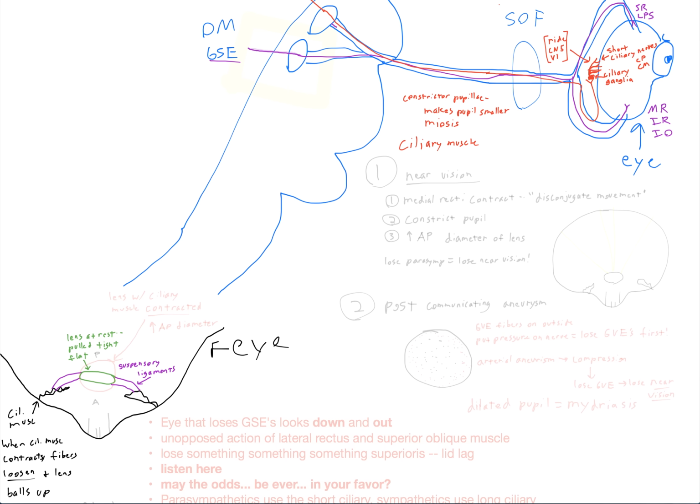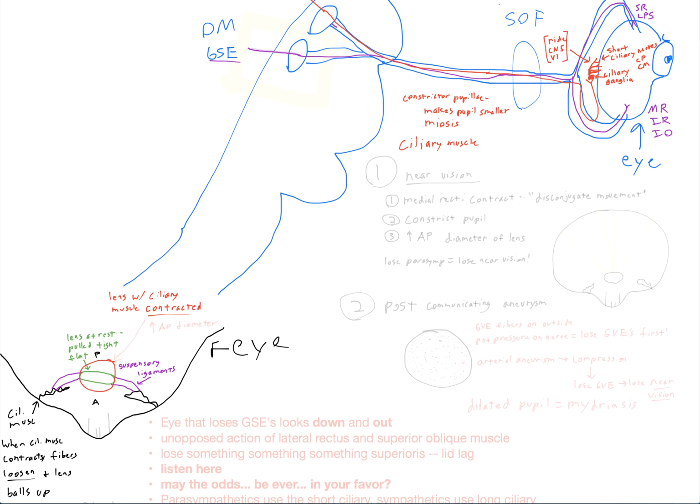The term that we use for that is increasing the AP diameter of the lens. What I mean by that is this is anterior and this is posterior. Doesn't it make sense to you that when the lens balls up, the distance between here and here is greater than the distance between here and here when it's flat like a pancake?